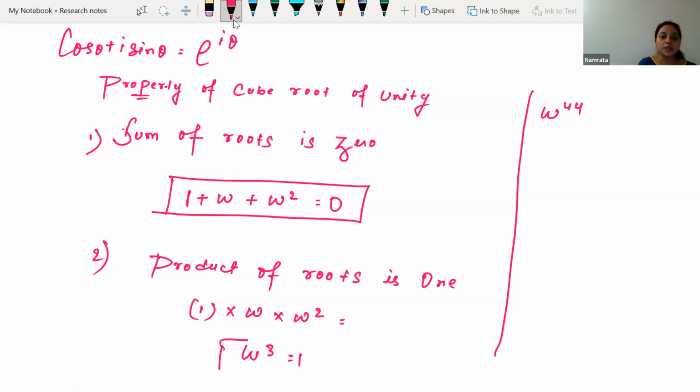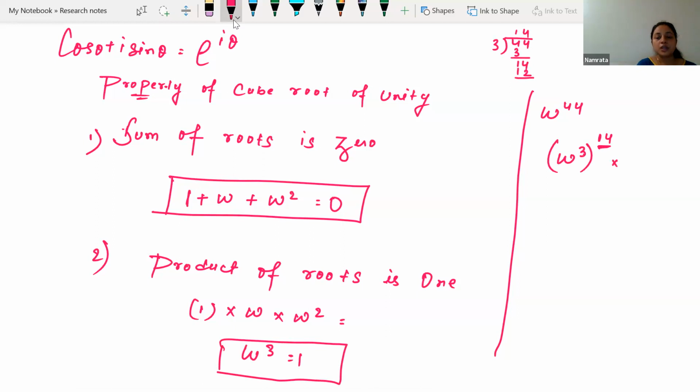Can you see this property is very helpful? Omega cube is 1. So we will take omega cube to the power something. Let's divide 44 by 3. 3 times 14 is 42, so it is getting cancelled 14 times, leaving 42 plus 2, into omega square.